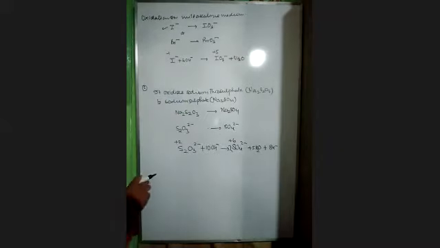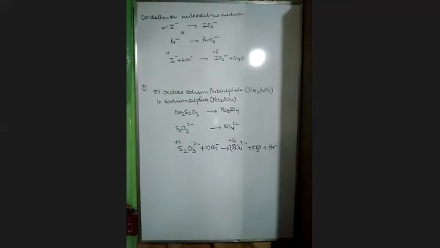How many electrons are lost? Eugenia, how many electrons are lost? Minus 1 to plus 5. Eugenia is there. Lavan is there. Lavan?